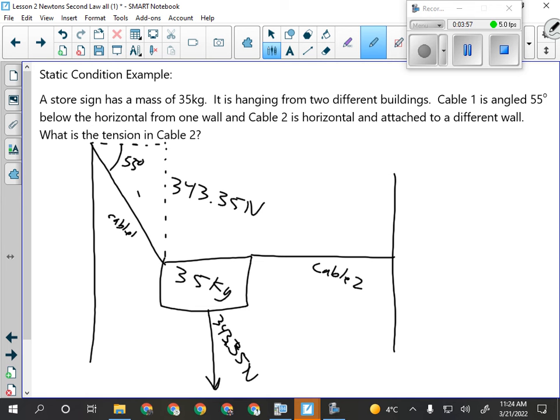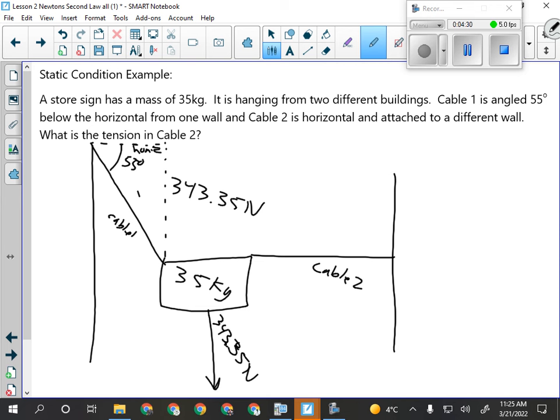Right, that has to be, because the sign's not moving. So we've already done the vertical part. We've made the net vertical force 0. The vertical part of cable 1 is offsetting the force of gravity, which is downwards. Now, the horizontal component of cable 1 is what's pulling against cable 2. And that's what's keeping the sign from moving, the fact that those two forces are balanced. So if I find the horizontal component of cable 1, that is equal to the tension in cable 2.